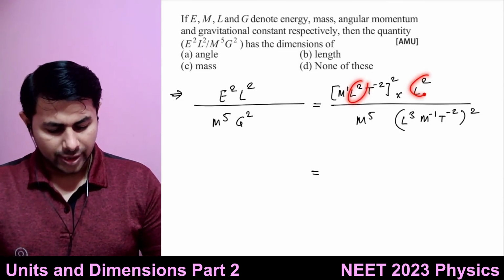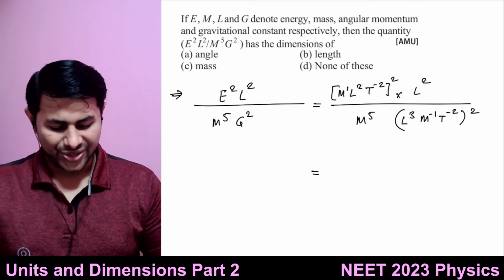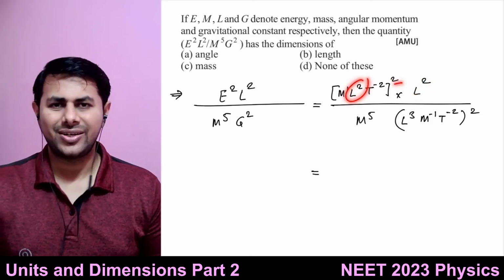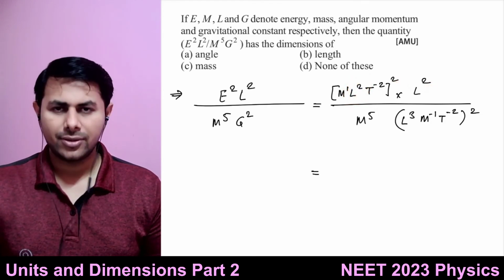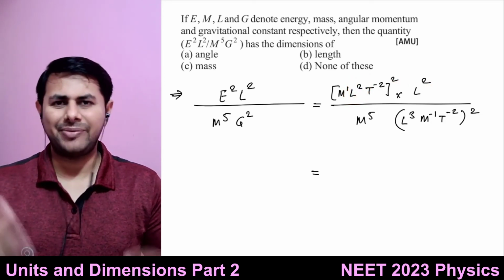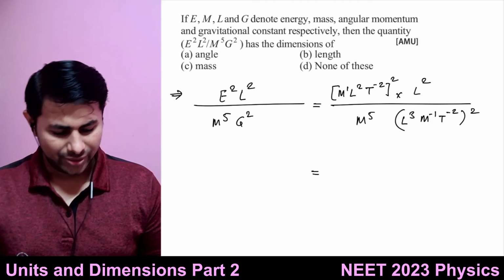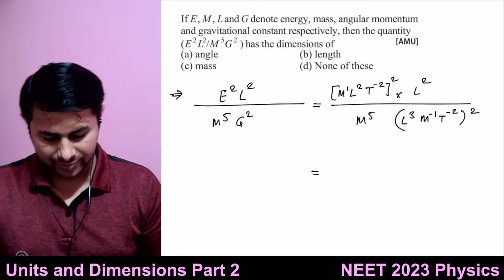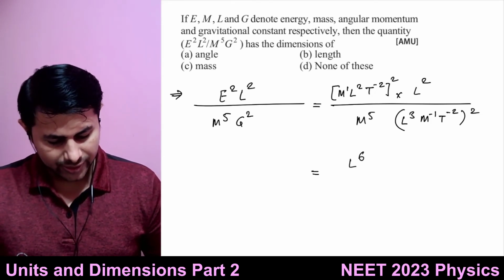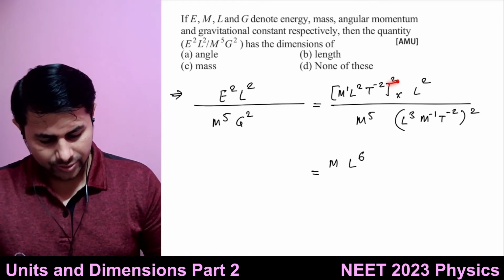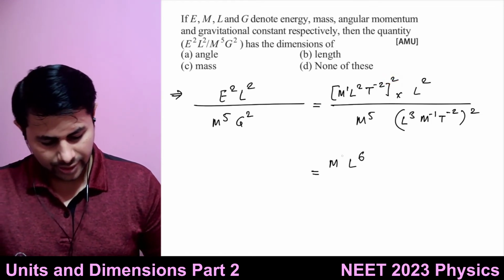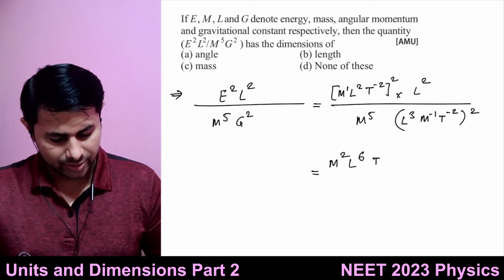So L2 multiplied by L2, no, not L2, this is L2 square. So L to the power 4 multiplied by L raised to 2. So it is 4 plus 2, L raised to 6. So L raised to 6, we have M raised to how much? M raised to 2 and T raised to minus 4.